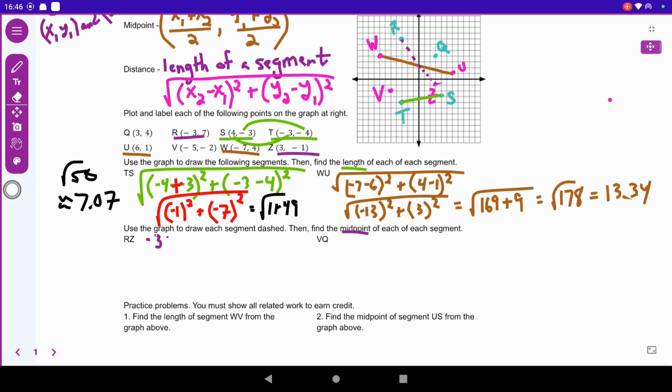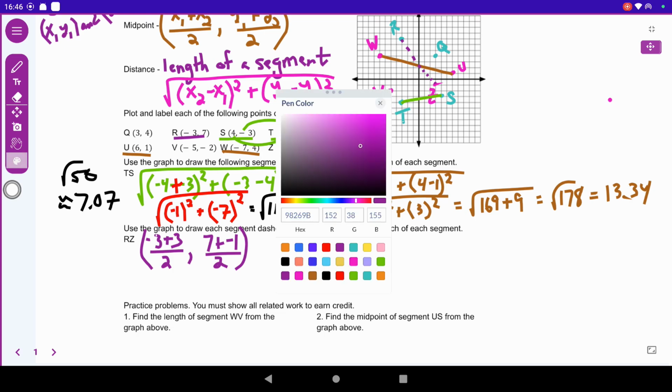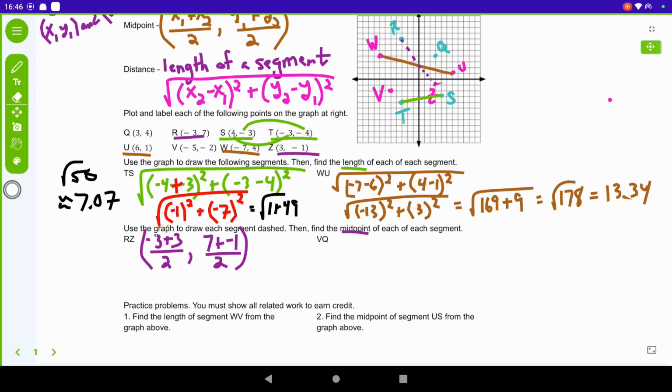So negative 3 plus the x value for Z, which is 3, over 2, comma. And now I'm going to do the same thing with the y value. So the y value of R plus the y value of Z divided by 2. And so we're going to add them up. Negative 3 plus 3 is 0, divided by 2, well, that's just 0. 7 plus negative 1 is 6, divided by 2 is 3. So your midpoint is at 0, 3.